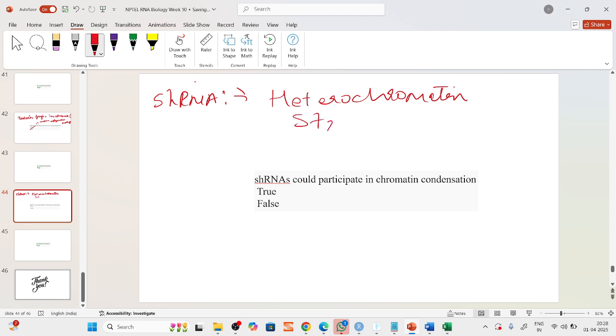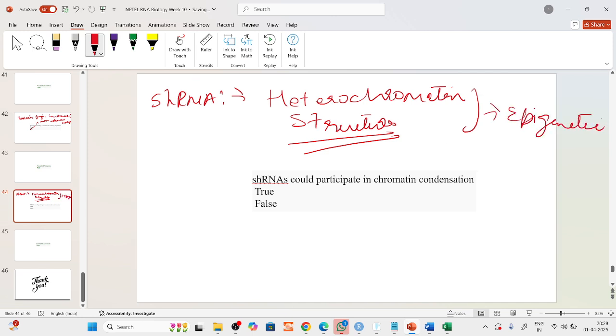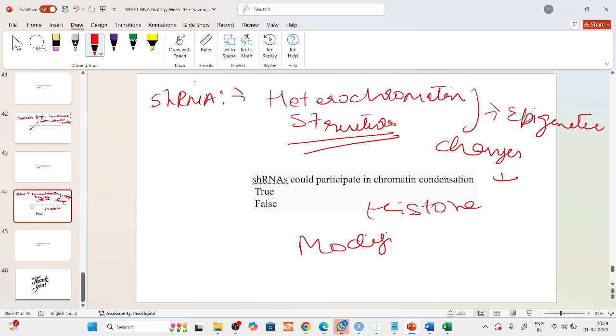Okay. And these heterochromatin structures are formed because of certain histone modifications and DNA methylation. That means epigenetic changes that take place, such as histone modifications and DNA methylations.